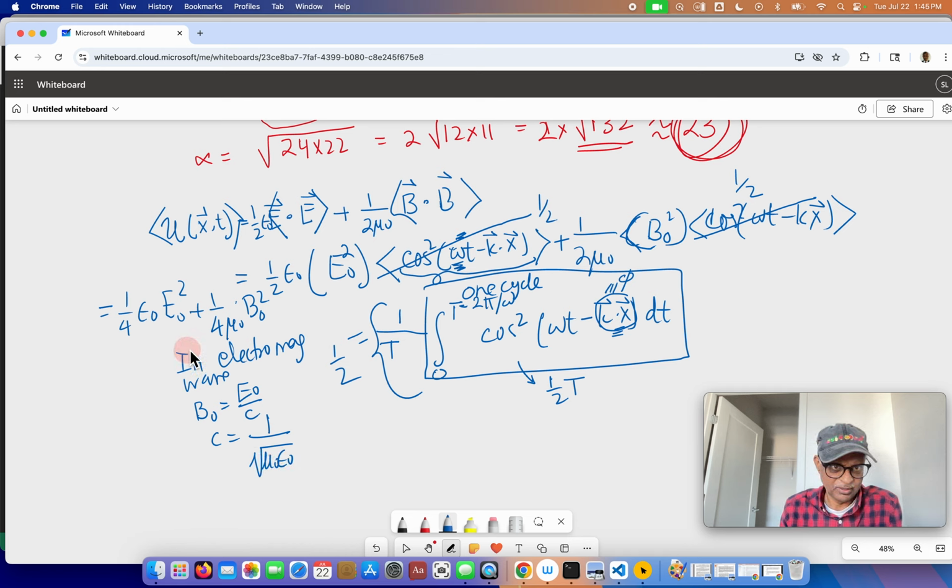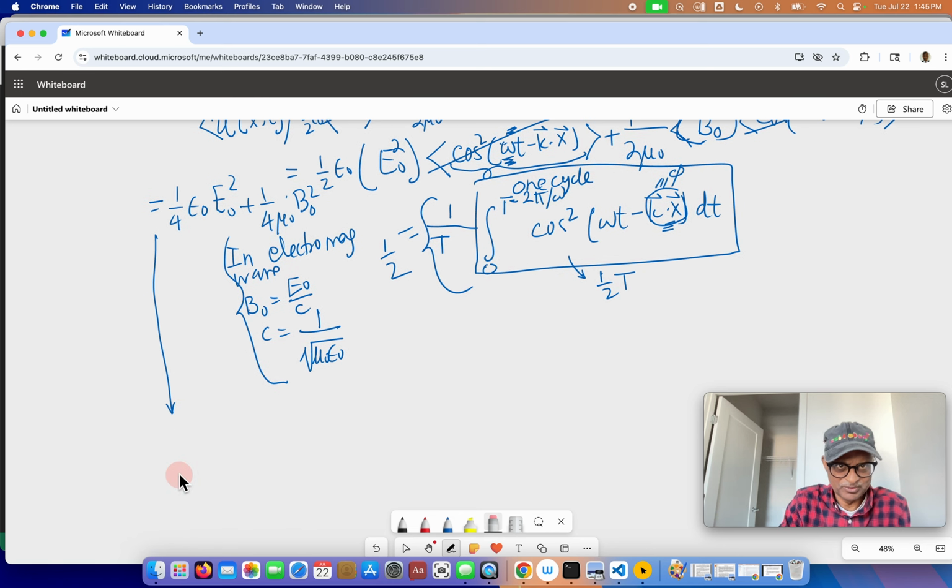So using this, I can convert this into just B0. So let's see if I can do it. 1 over 4 epsilon naught, I'm writing really slanted today.